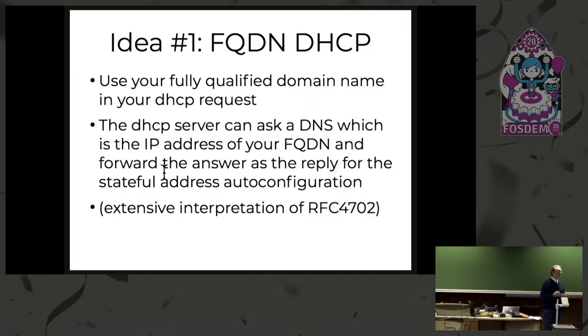When the DHCP server gets a query including a fully qualified domain name, it asks the DNS which is the IP address for that name. And the answer from the DNS is used to give the actual IPv6 address to the node.